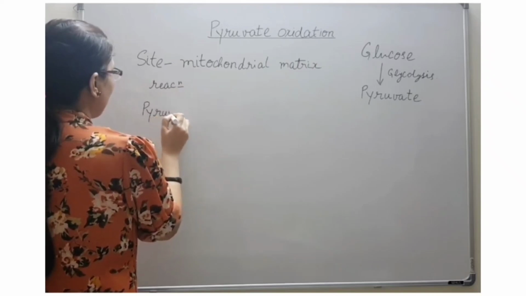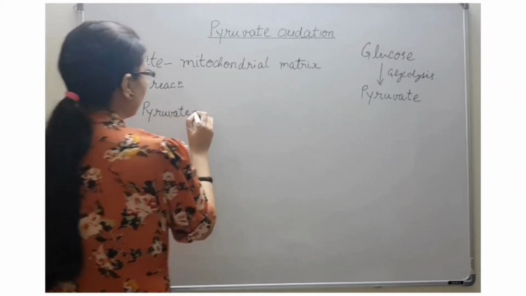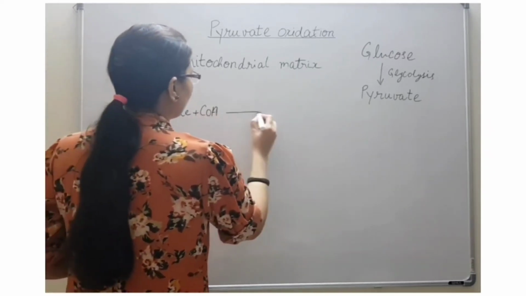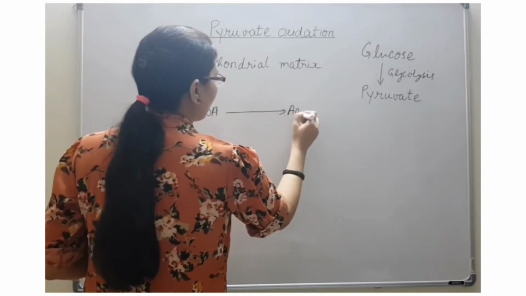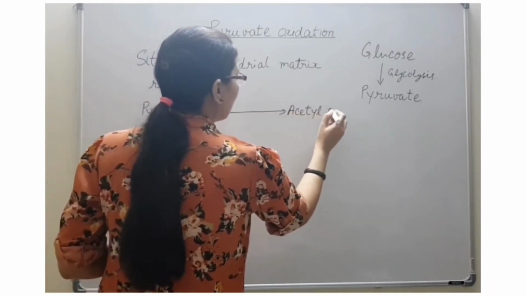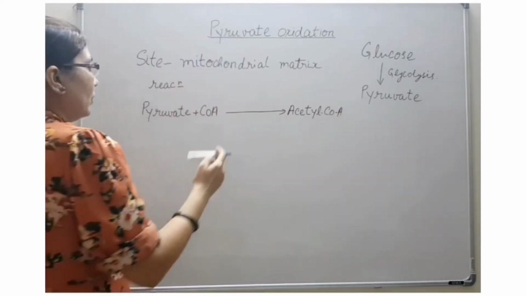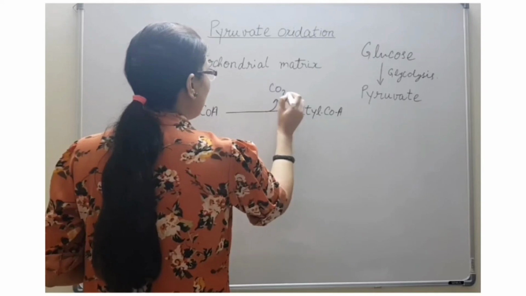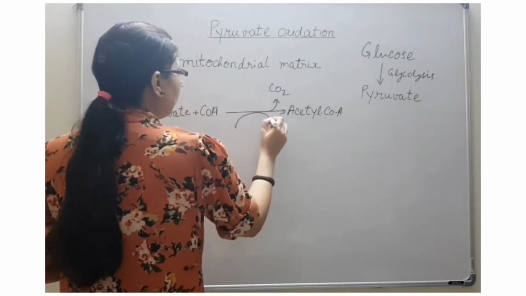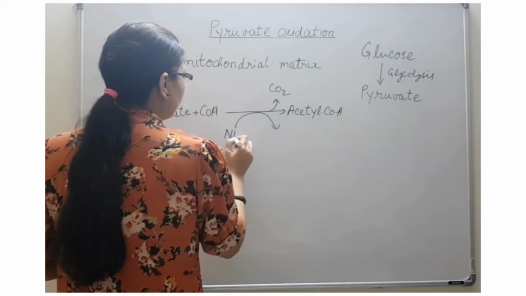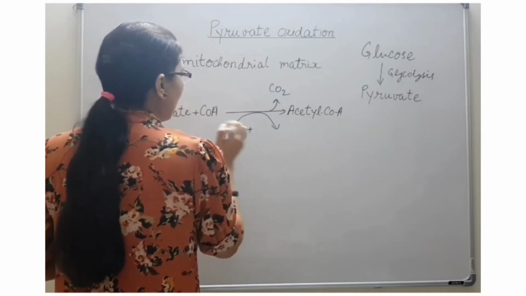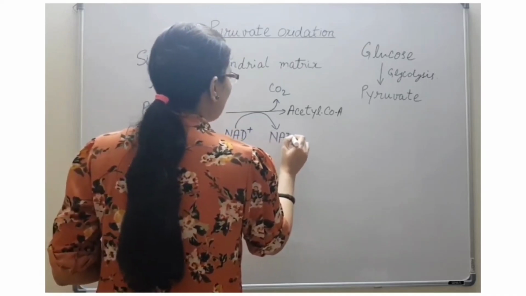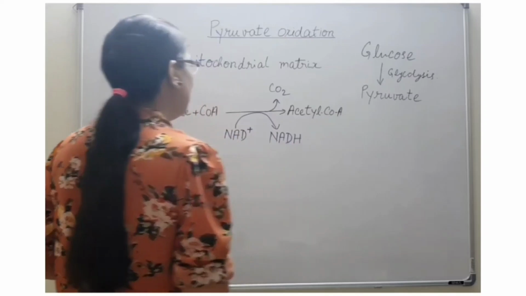Pyruvate plus coenzyme A gives acetyl coenzyme A. In this process, carboxylic group of pyruvate is released as CO2 and NAD plus acts as the oxidizing agent which oxidizes pyruvate and itself is reduced to NADH.